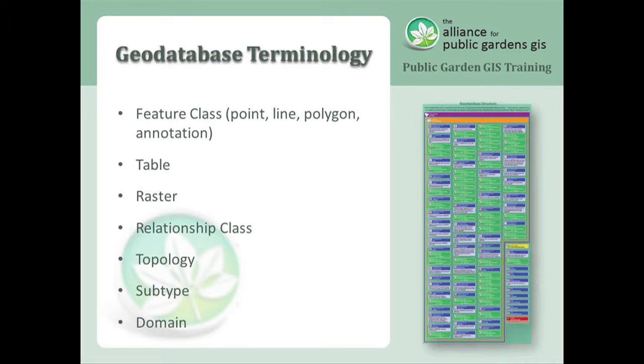Another important object is the relationship class, and those are symbolized in green in the diagram at the right. Relationships are between two different feature classes, or a feature class and a table, or two different tables. They can come in several different varieties, but I'll give you an example first: a mass planting, or a group of plants that we have out in the garden. Say we have a group of plants that are too complex or dynamic to map as individuals.